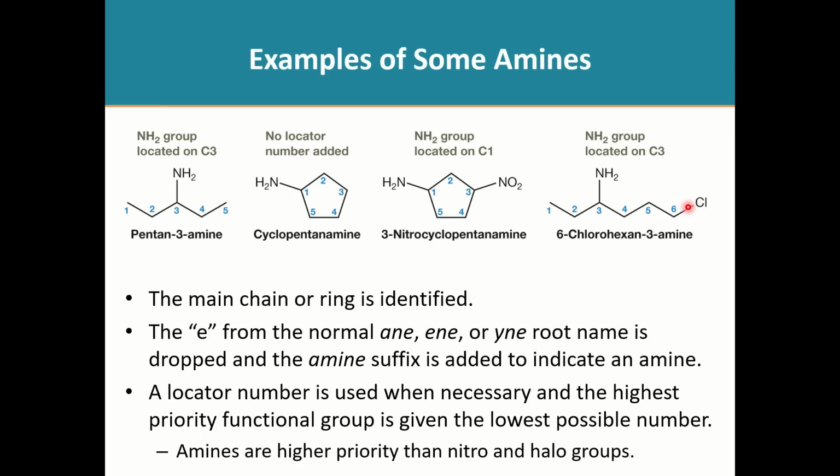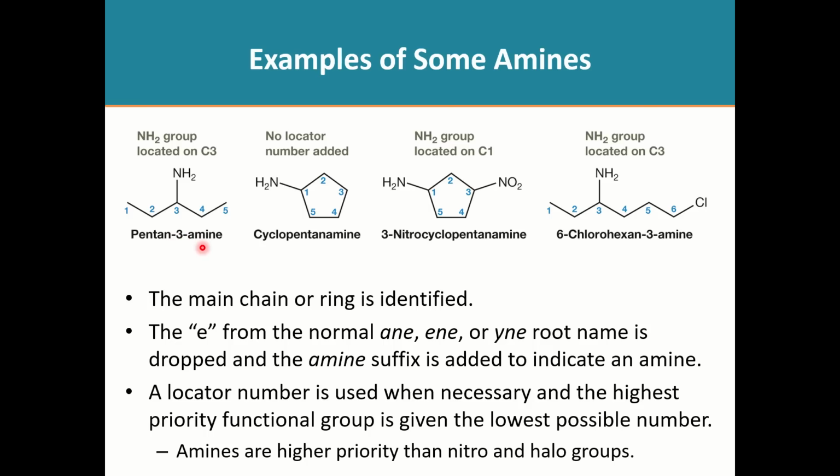Here's some examples of amines. Right. And you can see in these examples that here's the root, right? 5 carbons, so pentane, but we've dropped the E, added the location of the amine.